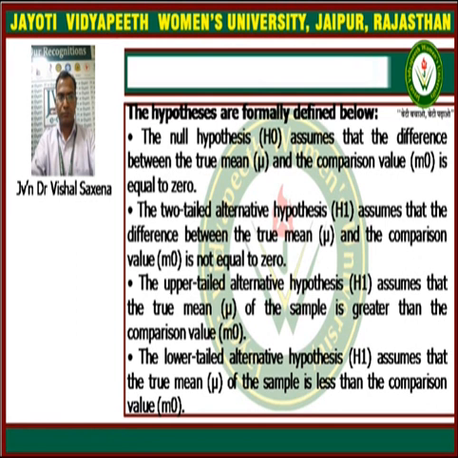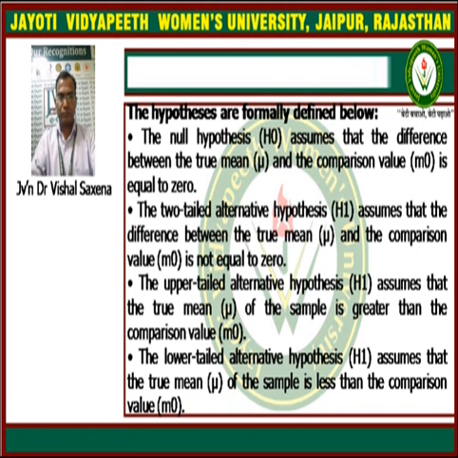The null hypothesis H0 assumes that the difference between the mean mu and the comparison value m0 is equal to 0. The two-tailed alternative hypothesis H1 assumes that the difference between the mean mu and the comparison value m0 is not equal to 0.